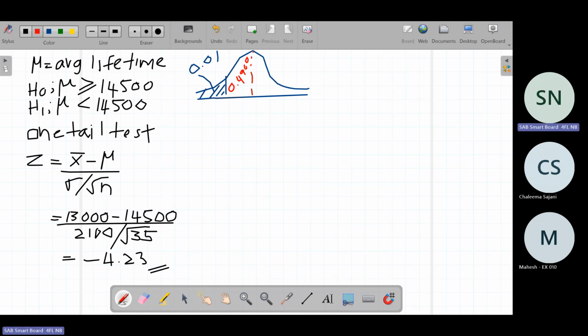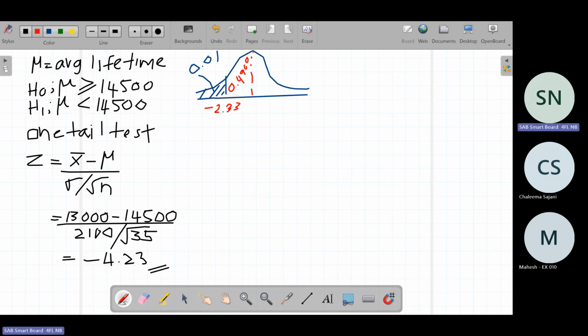It is 2.33. Is the critical value on the positive side or negative side? It is on the negative side, so you need to put minus 2.33.